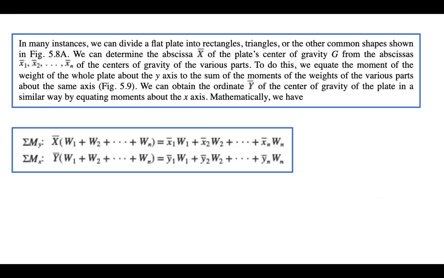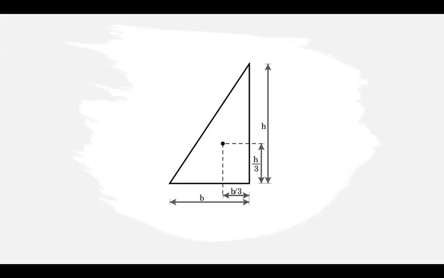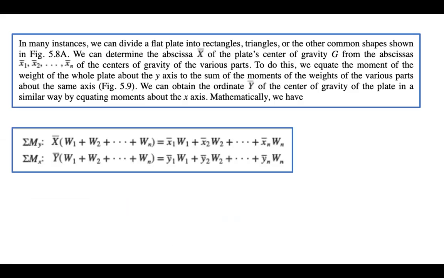In many instances, we can divide a flat plate into rectangles, triangles, or other common shapes shown in the figure. So this is the figure I'm referring to, these three figures. Familiarize yourself with them. We can determine the abscissa x bar of the plate center of gravity G from the abscissas x1 bar, x2 bar, all the way to xn bar of the centers of gravity of the various parts.